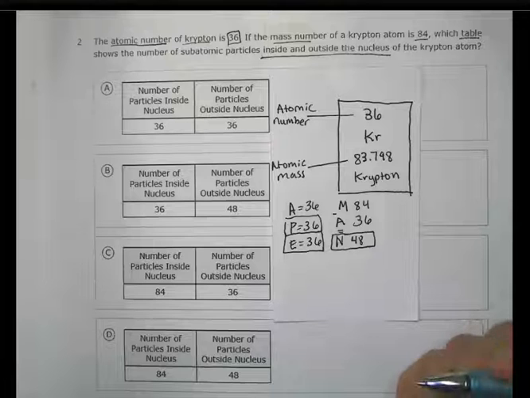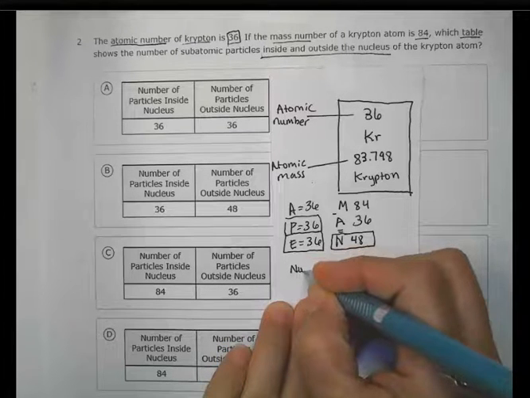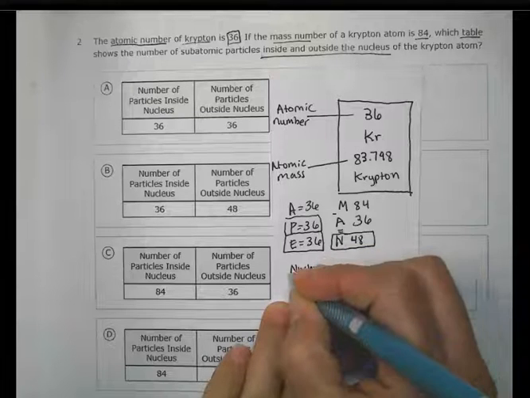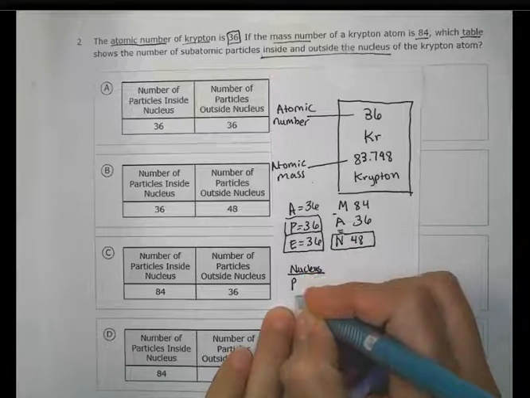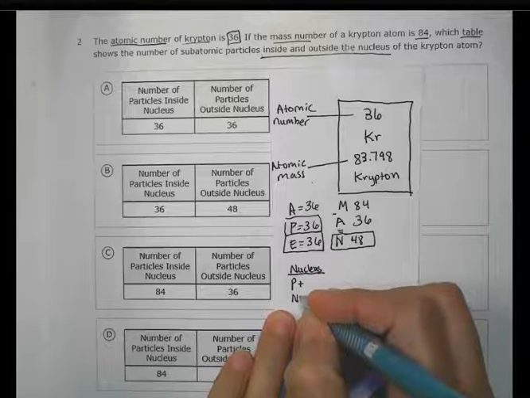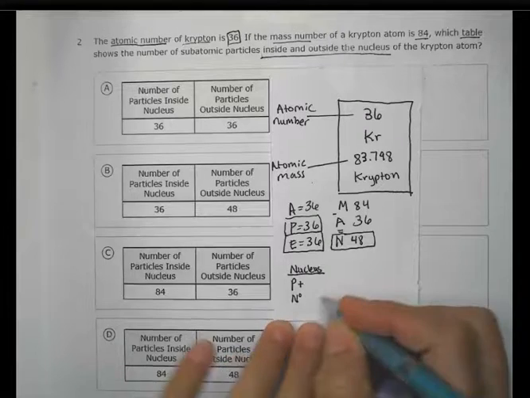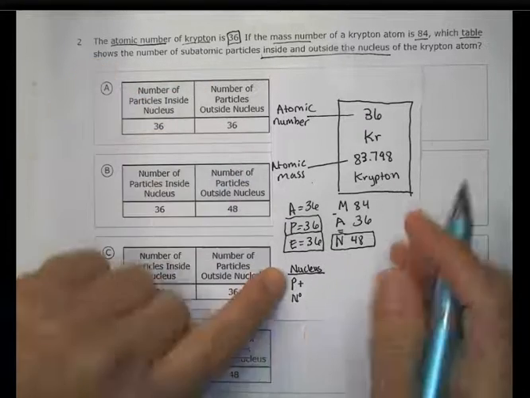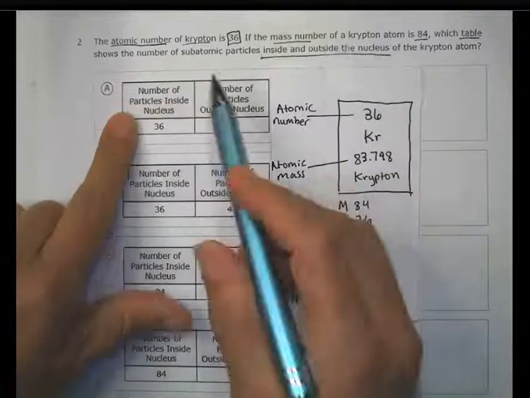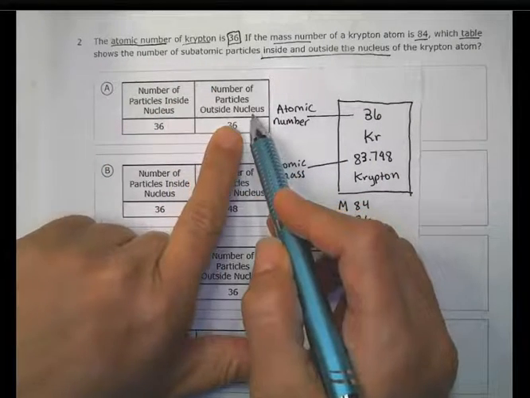Now, remember that in the nucleus, we find the protons, which are positive, and the neutrons, which are neutral. So they have no charge. In the nucleus, I need the total of subatomic particles, because it says right here, number of particles inside the nucleus, number of particles outside the nucleus.